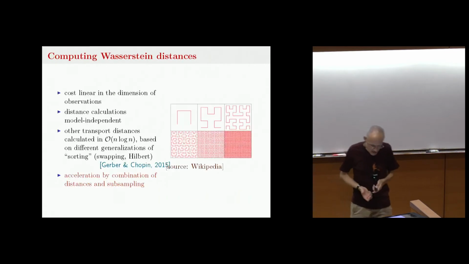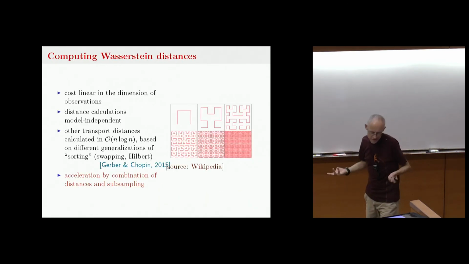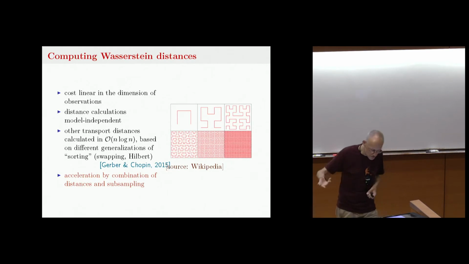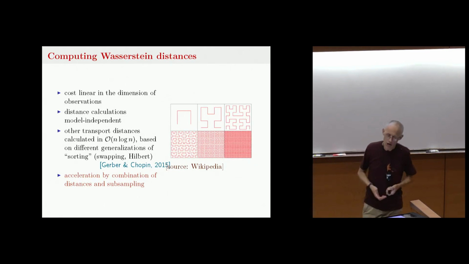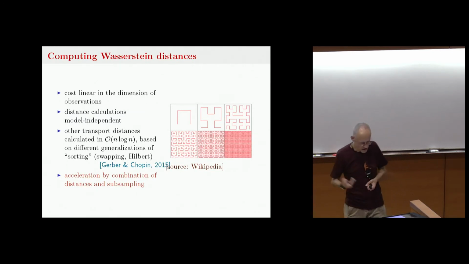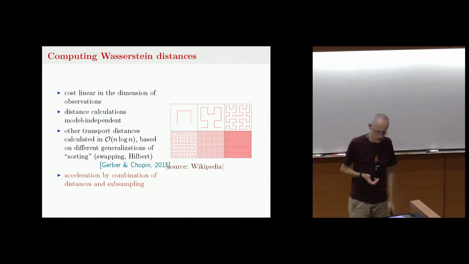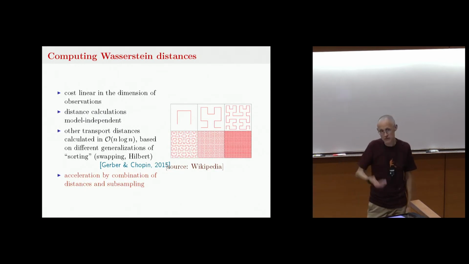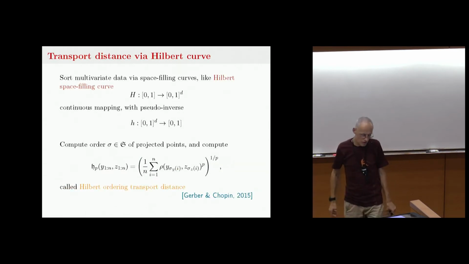So that sounds a bit unrelated to practical problems because you have to create this Hilbert curve, but actually in the quasi-Monte Carlo paper, a read paper by Mathieu and Nicolas three years ago, they demonstrated that you can run SMC through the use of Hilbert curves.